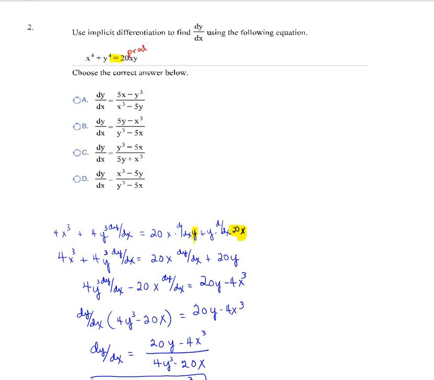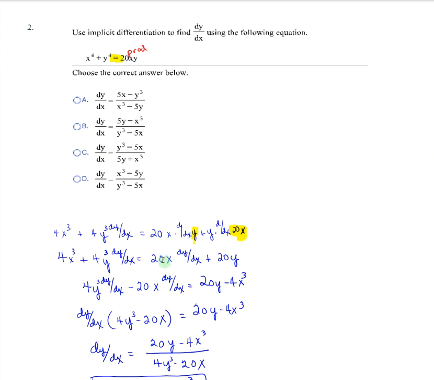All right. Next line, we're going to take those derivatives. The derivative of y is 1 dy dx. Derivative of 20x is 20, and we've got that with that y there. All right, so we start cleaning up. 4y cubed dy dx minus 20x dy dx.